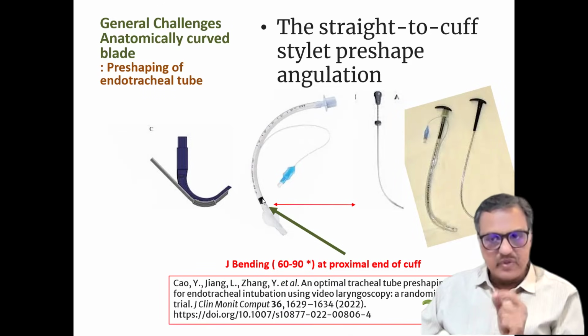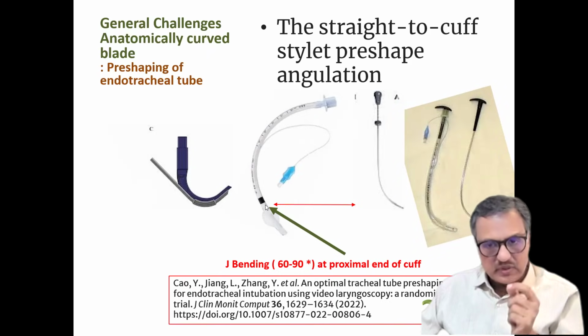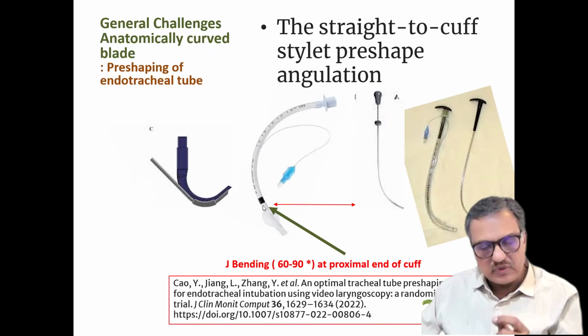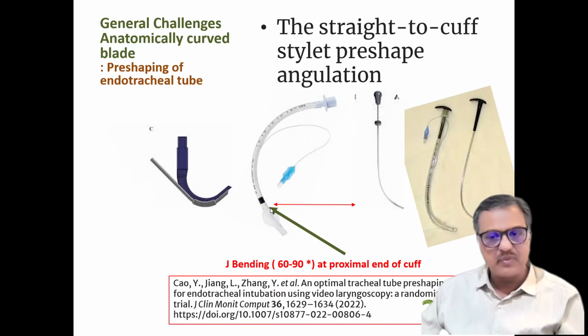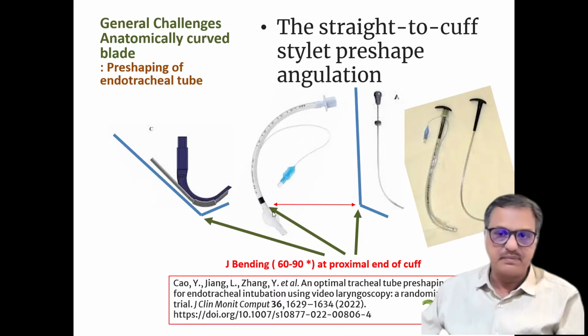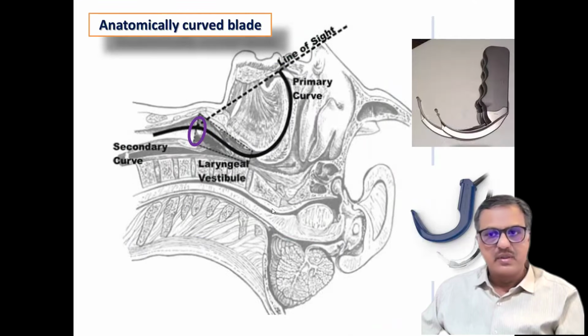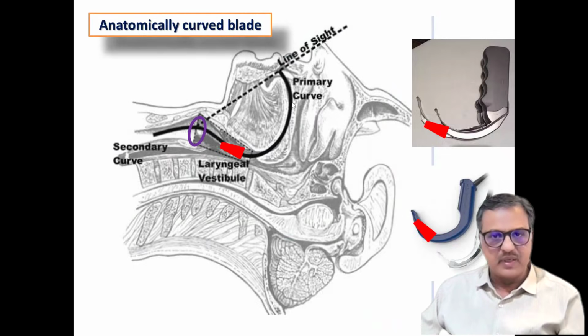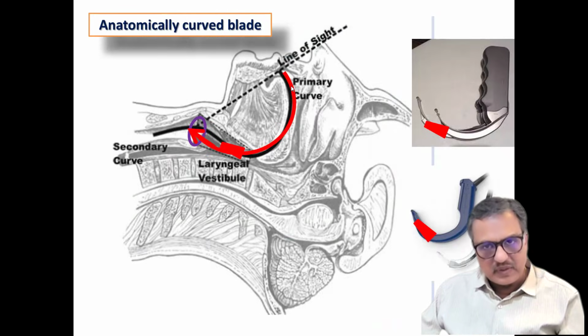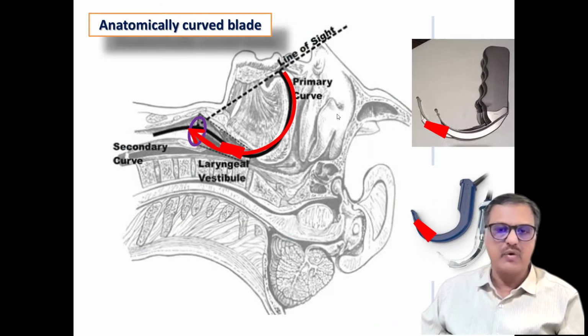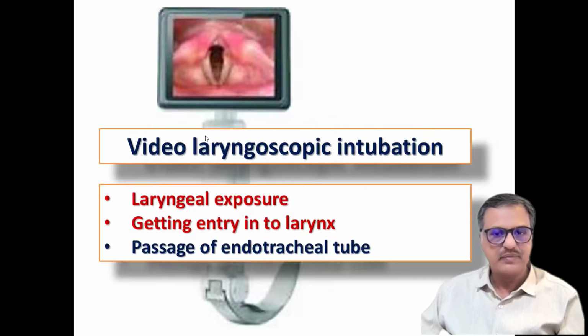So when pre-shaping the endotracheal tube with the stylet, bend from the proximal end of the cuff 60 to 80 degrees to make it J-shaped. When you insert a tube with a videolaryngoscopic camera, the tube passage is as per the primary curve, the oropharyngeal laryngeal curve.